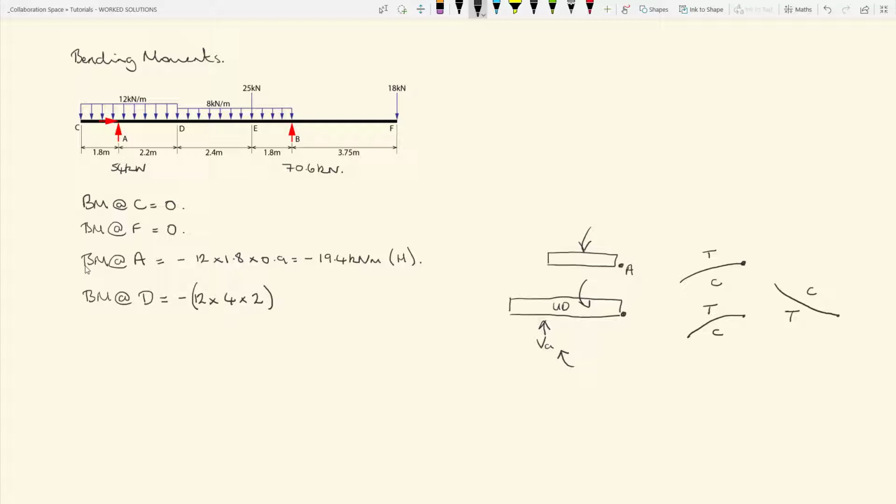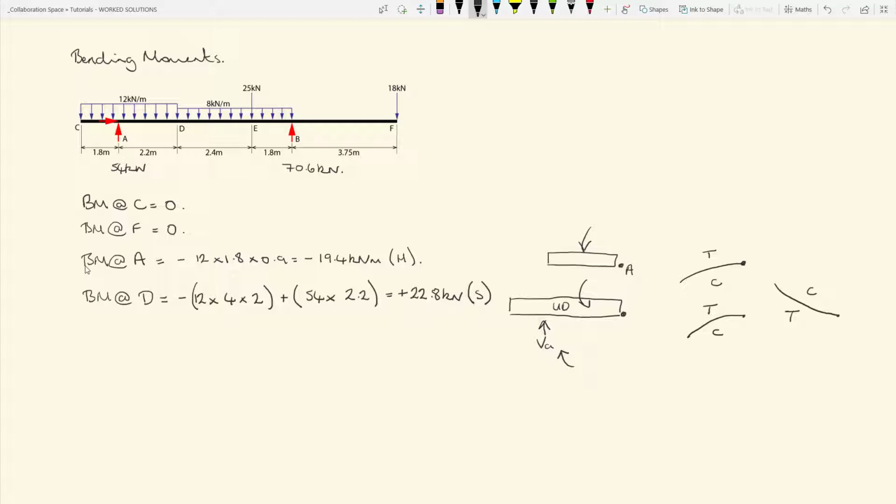So that's the magnitude of the load times the length over which it acts times its lever arm, and then going the opposite direction, causing tension in the bottom, so it's positive bending, plus the vertical reaction of 54 times its lever arm 2.2, and that is going to give you a value of 22.8, so it's positive 22.8 kilonewton meters, and that is going to be a sagging moment. So that's the bending moment at D.